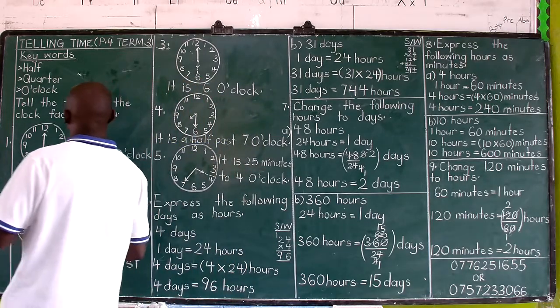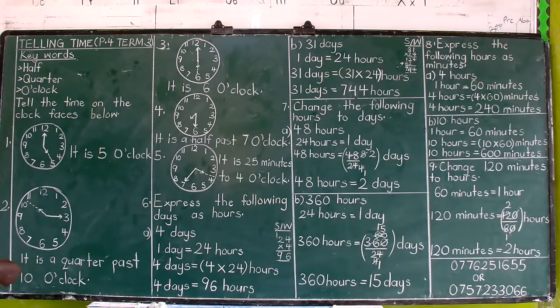Now we start with telling time, and you must note that 1 hour has got 60 minutes. So half an hour, a half of 60, or 60 divided by 2, gets 30 minutes. So half an hour is 30 minutes. Then a quarter of 60, or 60 divided by 4, you get 15 minutes.